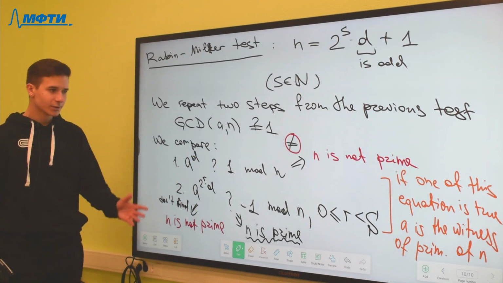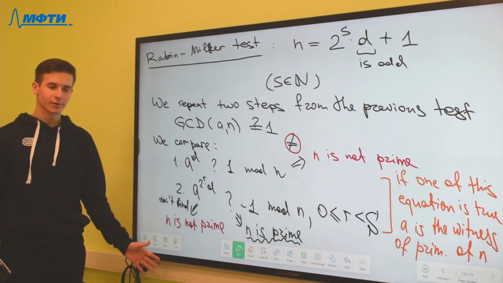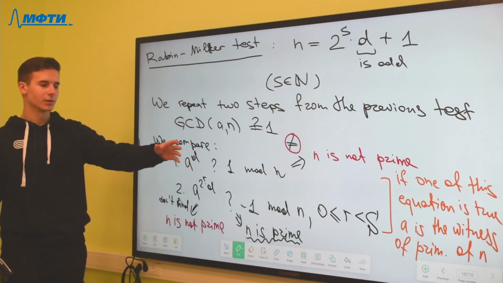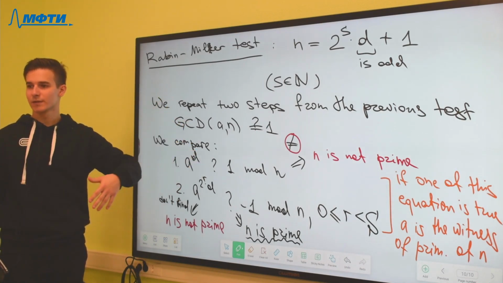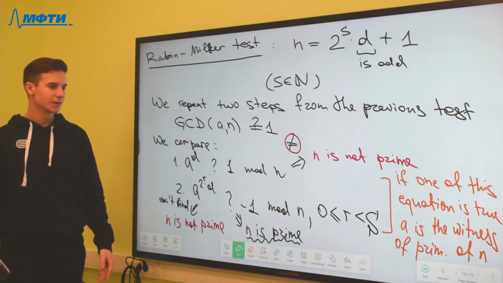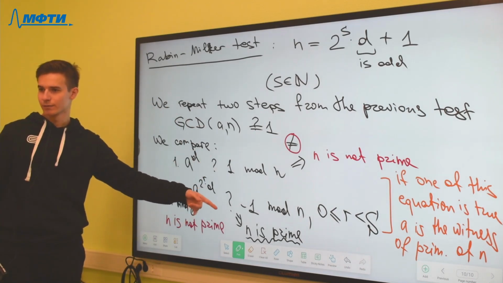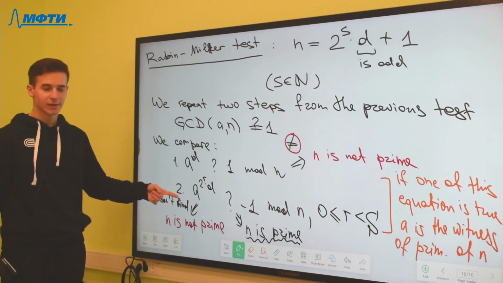So it is only about definitions. If you face in the future with a witness of compositeness or a witness of primality, it is equal to some of these equations.